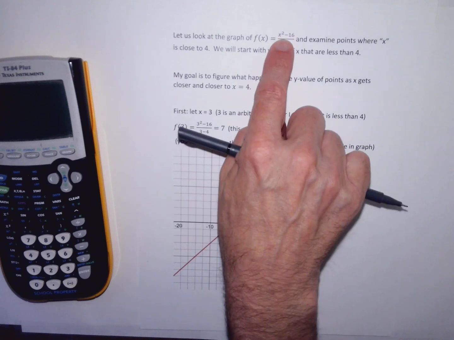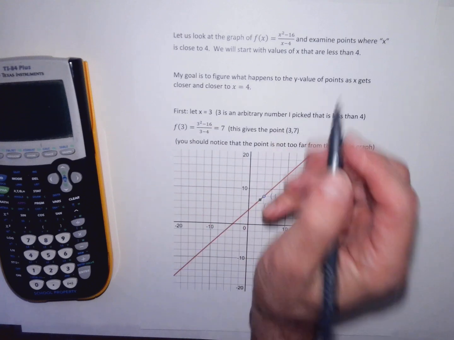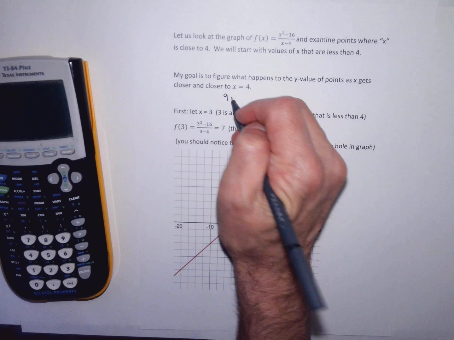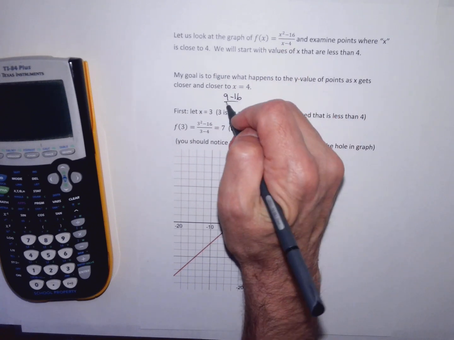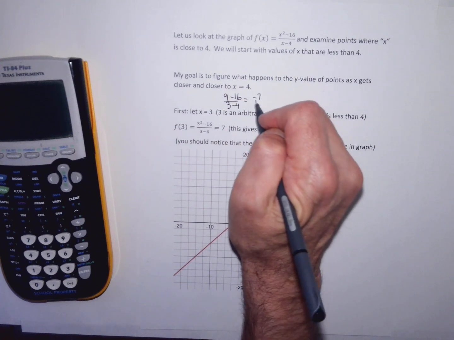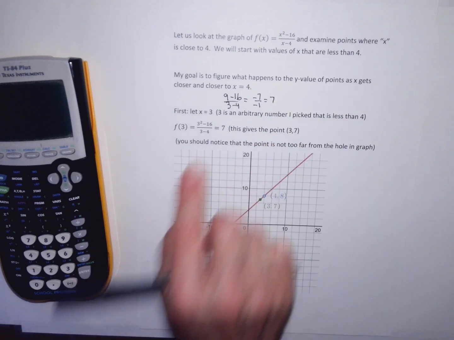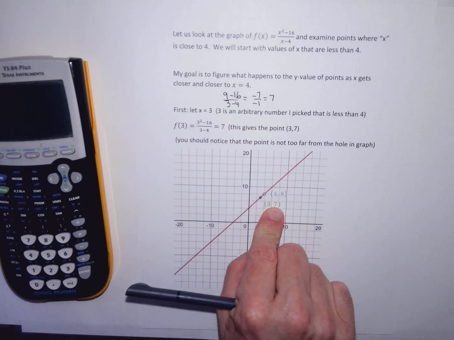I plugged 3 into the function and got 3 squared minus 16, which is 9 minus 16 in the numerator. And I plugged 3 for x in the denominator and got 3 minus 4. That gave me negative 7 over negative 1, which is 7. So the x value of 3 gives a y value of 7.